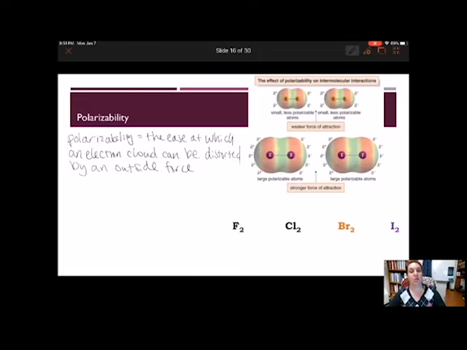So something that is polarizable is something that can easily get its electrons pushed in one direction or another.